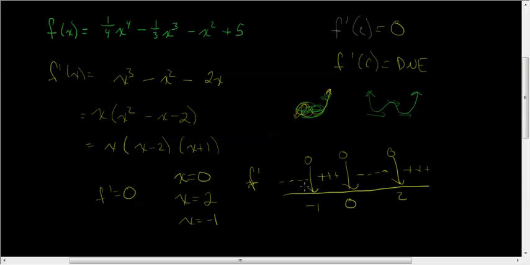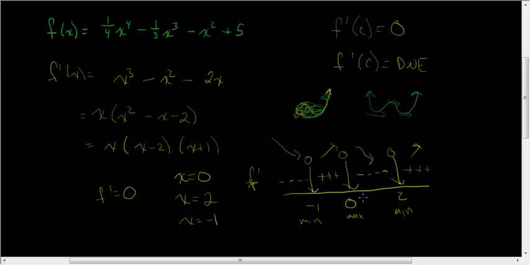So when x is less than -1, my function is decreasing. Between -1 and 0, my function is increasing, then it turns around and is decreasing, and it turns around and is increasing. So I know -1 is a local minimum, 0 is a local maximum, 2 would be a local minimum.